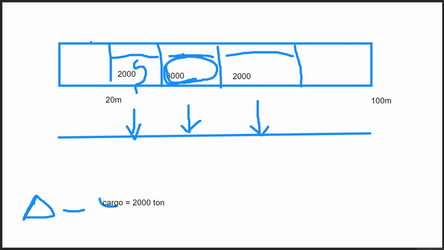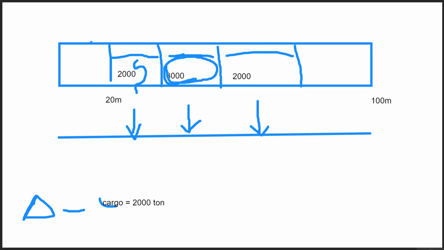Now, we're going to make an assumption. We're going to make two assumptions for all the exercises. We assume that your buoyancy force is uniformly distributed over the entire length of your beam.